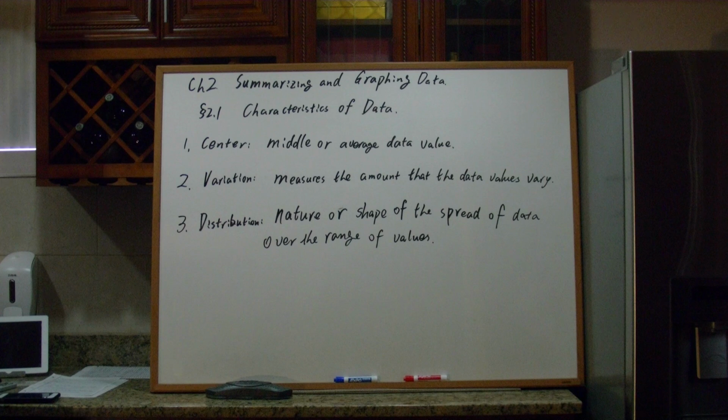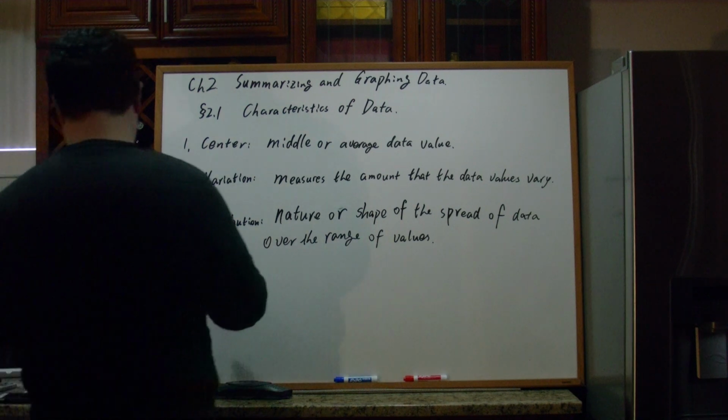The distribution is the nature or shape of the spread of data over a range of values. We will see this soon, right? The collection of data is cut into certain values, and we'll see the spread of it. We'll see that soon. And then the outliers.